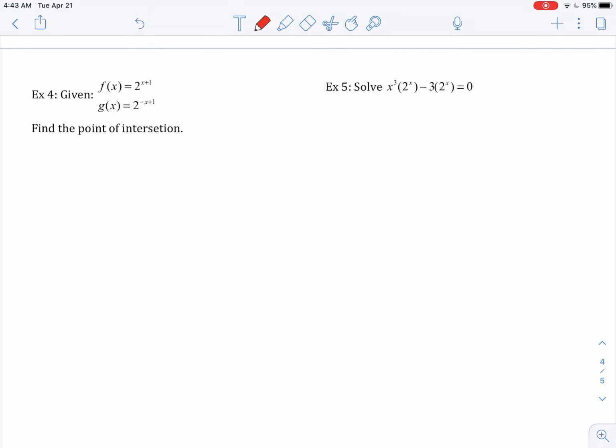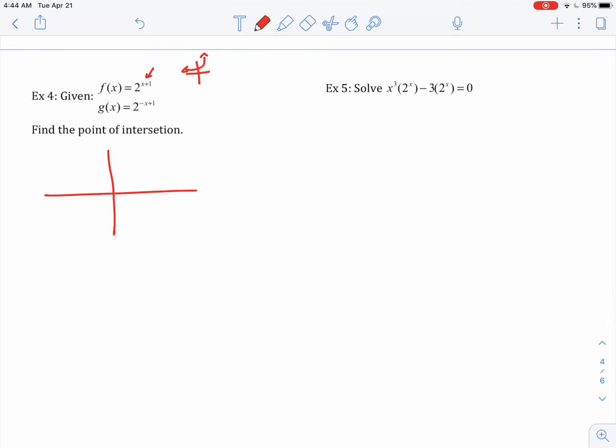If we move on to number 4, we're given 2 equations, f of x and g of x. And if we were just to sketch a graph of those, our f of x is our basic graph of 2 to the x, and we know our basic graph of 2 to the x looks something like that. The plus 1 attached directly to the x, recall, is telling us to shift that graph to the left 1 unit.